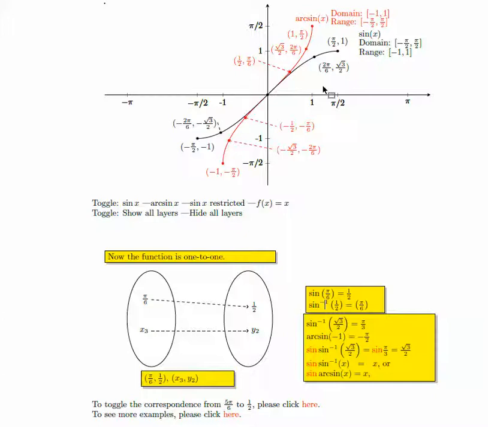I wrote 2 pi over 6 because that's 2/3 of pi over 2. If you use 2/3 times pi over 2, you get 2 pi over 6 or pi over 3.